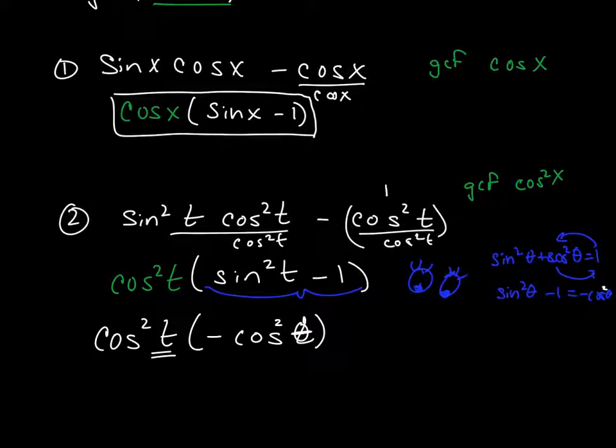Oh, this is good. Let me fix that up. I'm replacing it for that, so it's definitely the t. So because the t's are exactly the same, I can go through and rewrite that as minus the cosine to the 4th power of t.